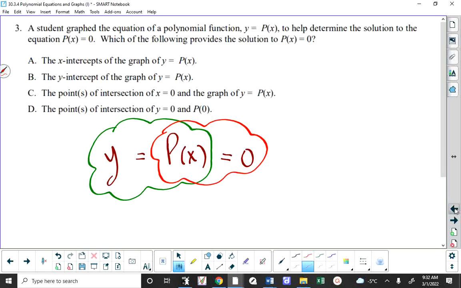But the p of x is the same for both. So really what we're looking at here is y equals 0. And y equals 0 is the textbook definition of an x-intercept. So the solutions to p of x equals 0 will be the x-intercepts of the graph of y equals p of x, which is exactly what we just did with Marcel's question.